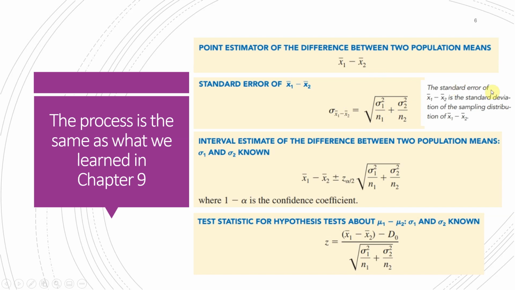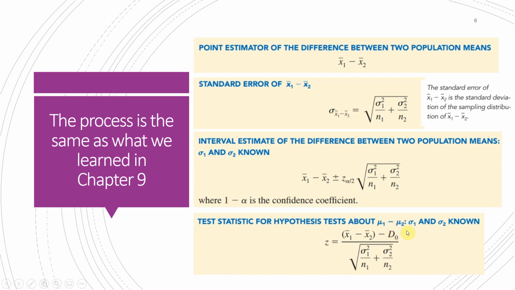And remember the standard error, it's a standard deviation. What's it the standard deviation of? Well, it's the standard deviation of the sampling distribution of the difference between the two means. We want to do interval estimates, we have that, and then otherwise we have our test statistic, in this case z, because we know the population standard deviations. The numerator is the difference between the point estimate and whatever it is we're interested in looking at.